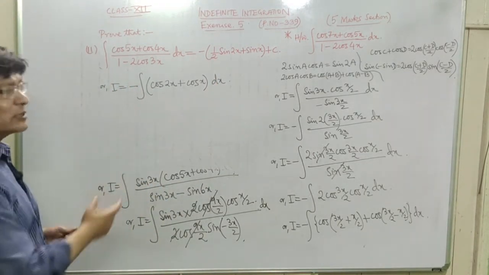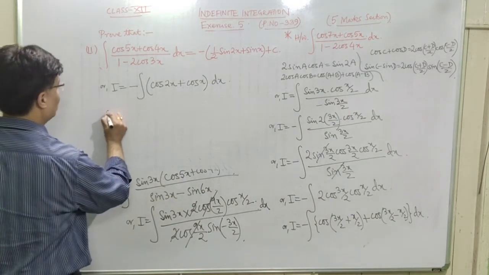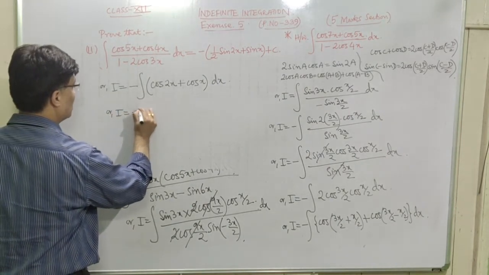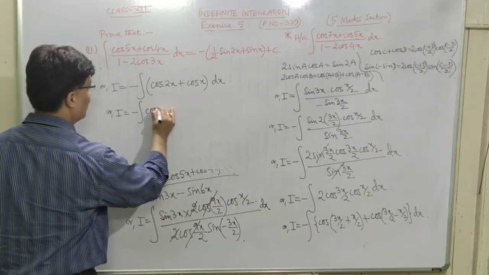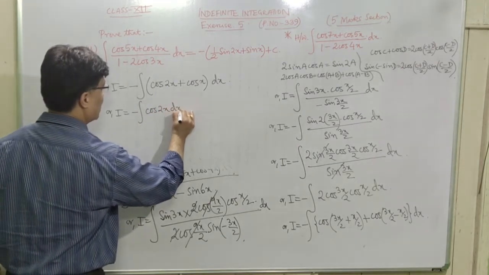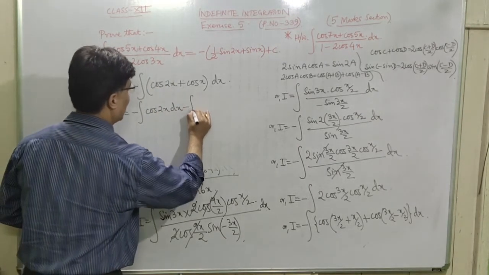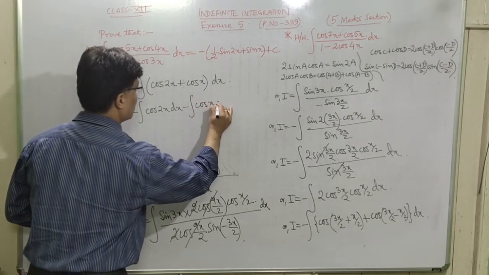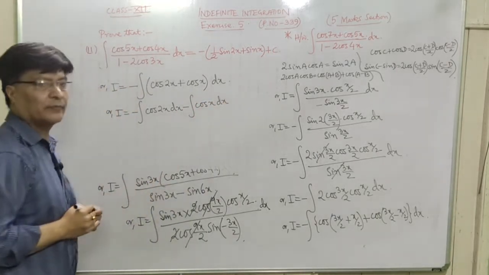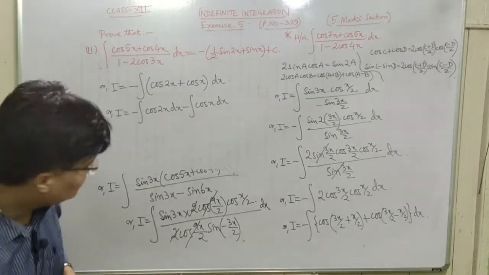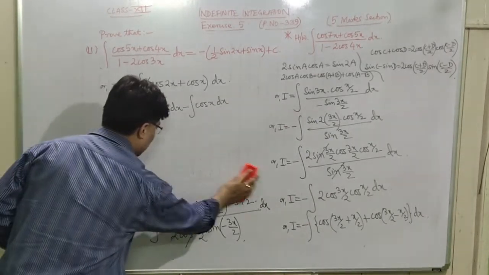Okay. So now let us separate them and you can easily integrate them. I is equal to minus integration of cos 2x dx minus into plus, minus integration of cos x dx. Is that clear? So now you can easily integrate them.